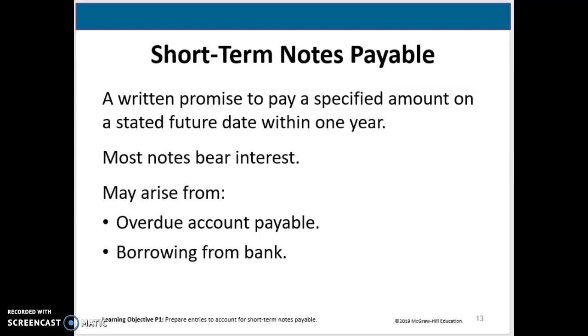So a short-term note payable is a written promise to pay a specific amount on a specific date in the future, but within 1 year. That's what classifies it as short-term. So we might have switched them over. Maybe they owed us an accounts payable and they didn't pay it, so we made them sign a promissory note. We're going to charge them interest on the balance that they didn't pay before. It could also be when you're borrowing money from a bank.